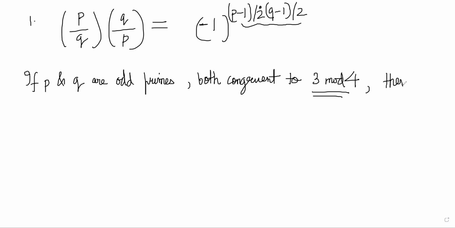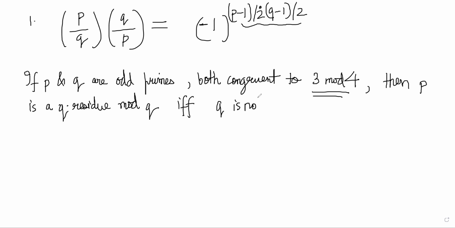Then we say P is a quadratic residue mod Q if and only if Q is not a quadratic residue mod P, and vice versa.